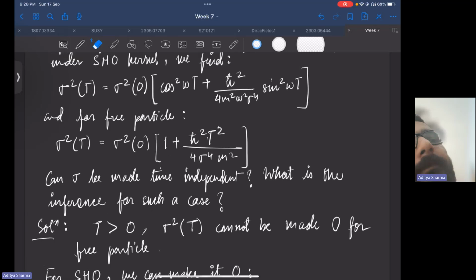How do you make that time independent? It's by choosing this as 1.